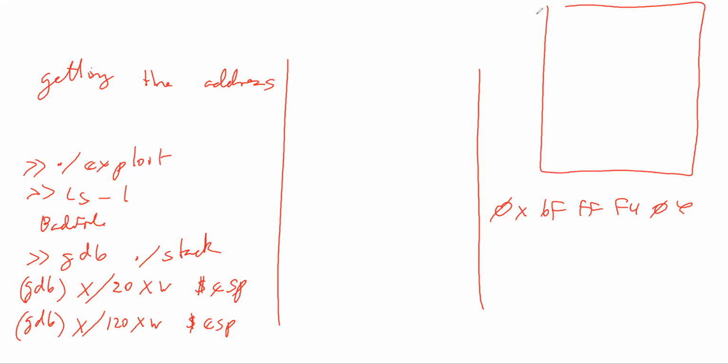Imagine this is the output of running x 120xw esp, something like that. I'll give you another command that you can try. But imagine now this is what you see. What's so great about it is that you can actually end up seeing the code injection.